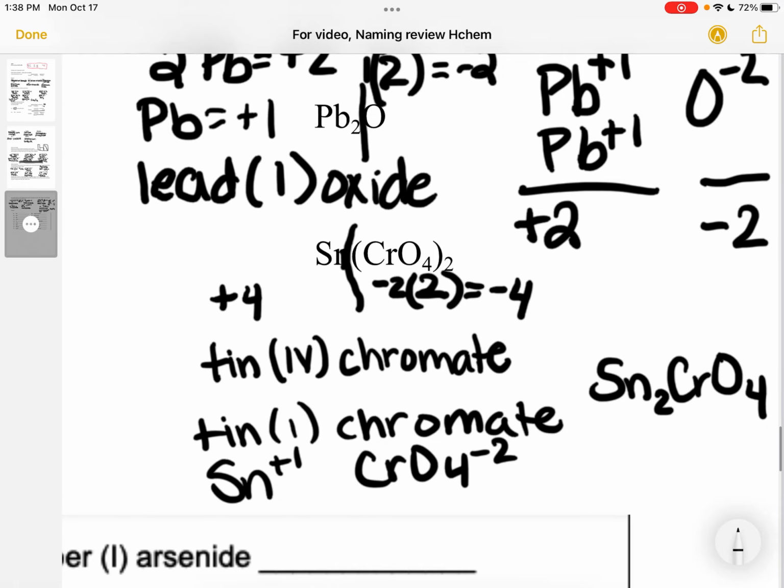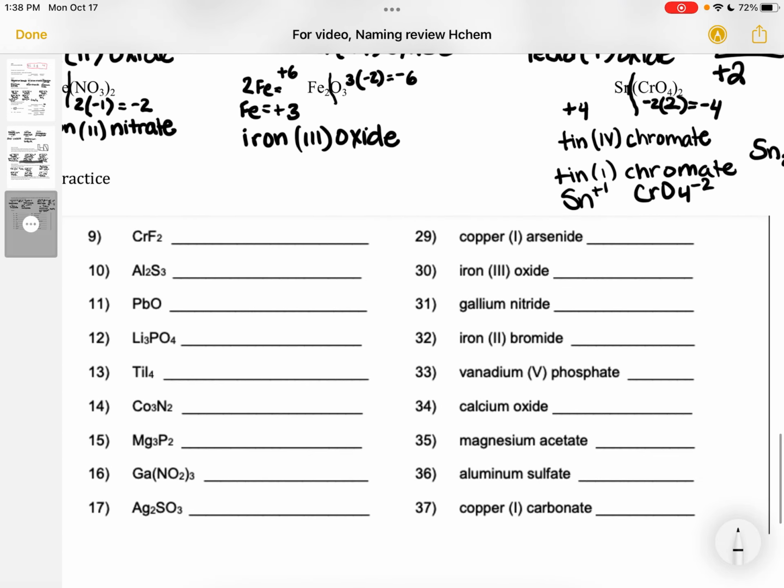Here I have a snapshot of a worksheet that you're going to be doing in a few minutes. I want to give you a strategy when you're looking at these. For the ones going name to formula, you don't need to be too concerned.